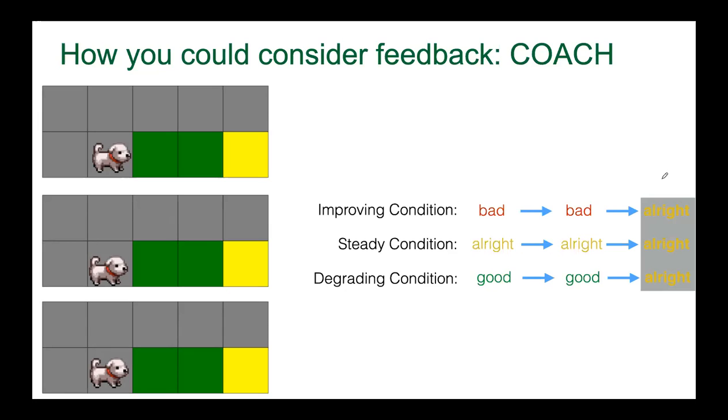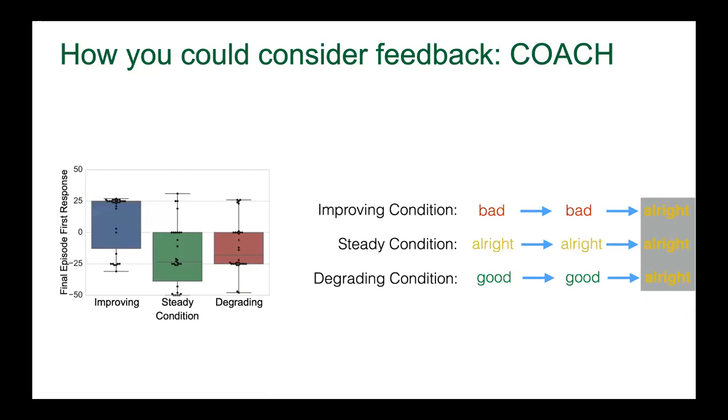But the important point is, what we're going to do is ask for feedback when the dog is doing this middle condition. And what we see is when the dog is improving, when the dog was bad to the middle condition, it gets much better, much higher feedback than the other two cases. So this is empirical evidence that people are giving feedback not just based on what happened right now, but relative to what was happening before.